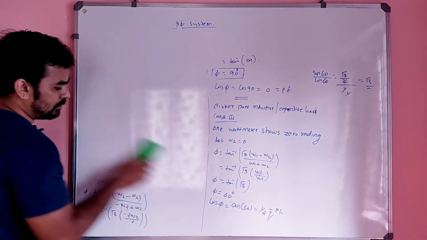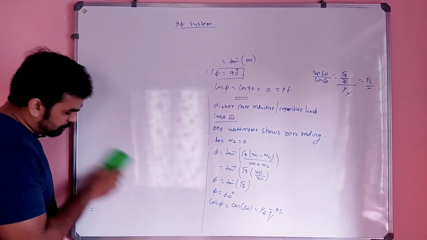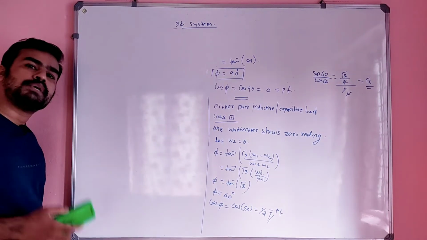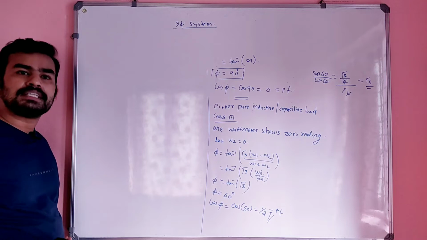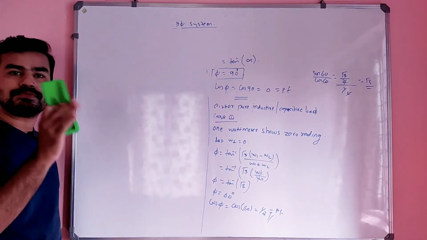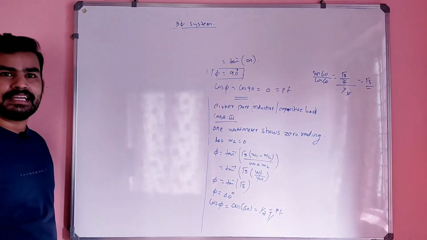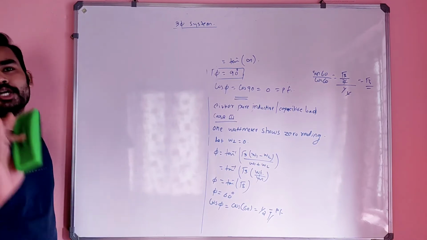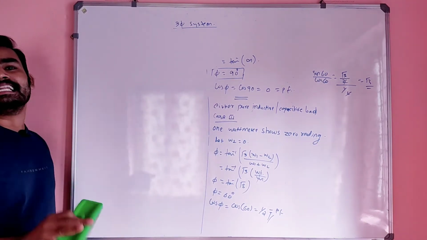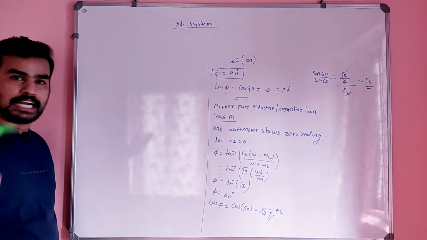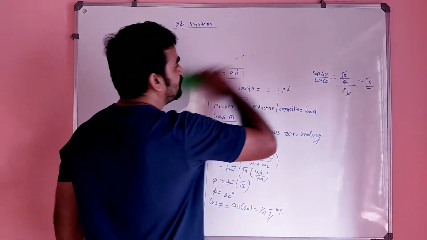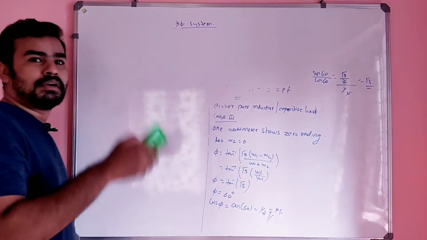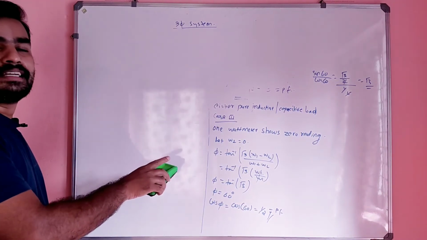So remember, by using the 2 wattmeter method, what is the value of total power? It is simply the sum of wattmeter 1 plus wattmeter 2. W1 plus W2 will be the total active power in a 3-phase system by the 2 wattmeter method. That also you have to know, because our ultimate aim is the power measurement.